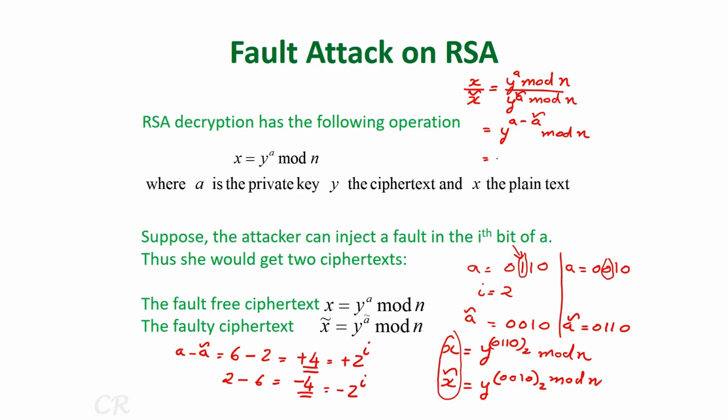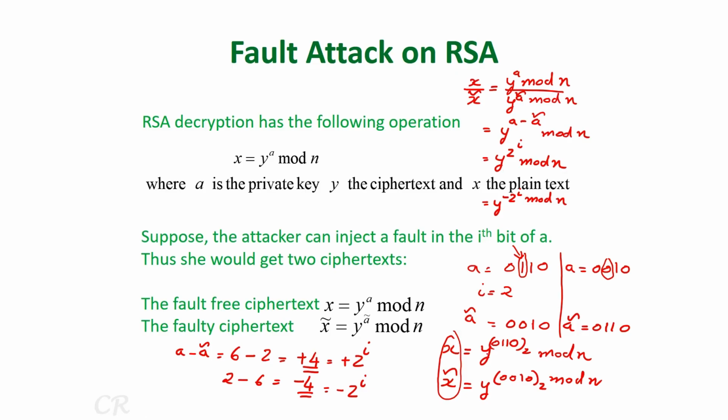So, this is essentially either Y to the power of 2 to the power of i mod n if the ith bit over here had a value of 1, or he would get the value of Y to the power of minus 2 to the power of i mod n. So, you see that dividing X by X tilde would give him either Y to the power of 2 to the power of i mod n or Y to the power of minus 2 to the power of i mod n.